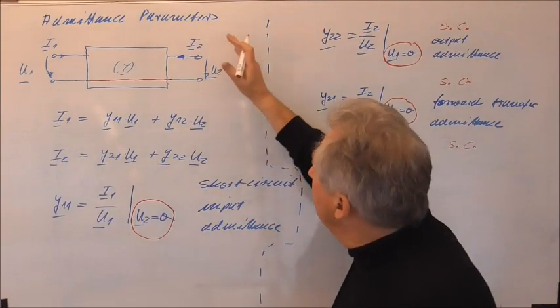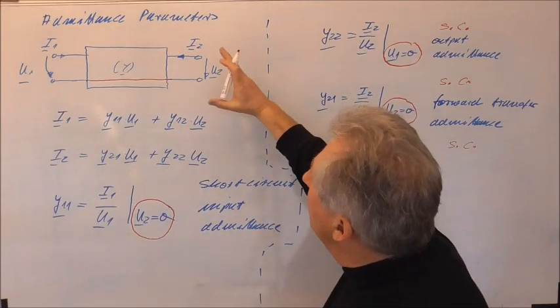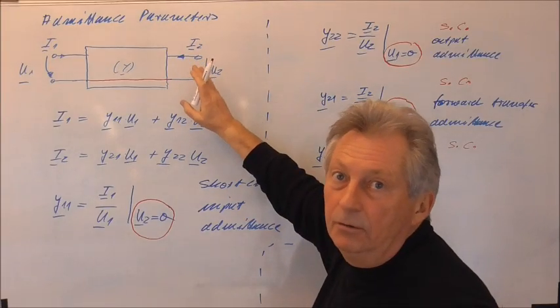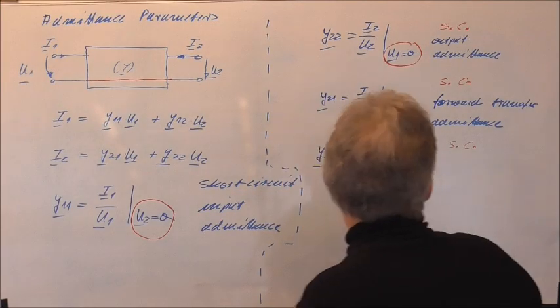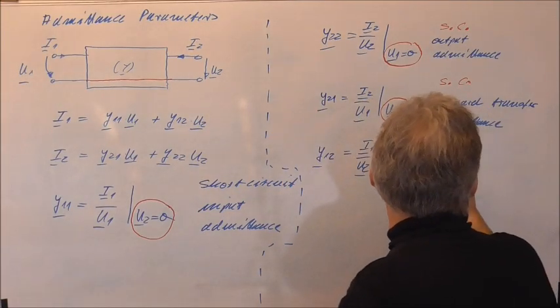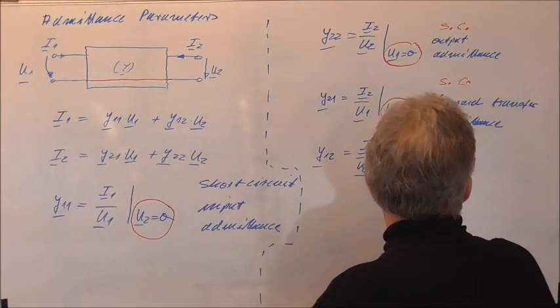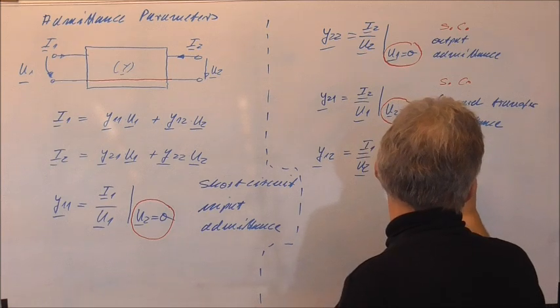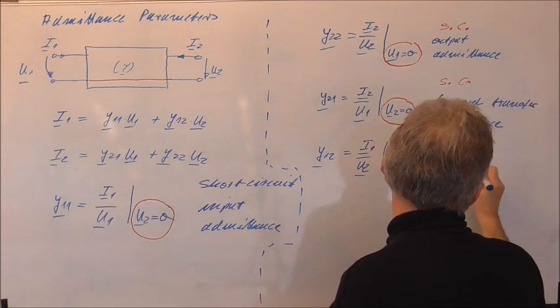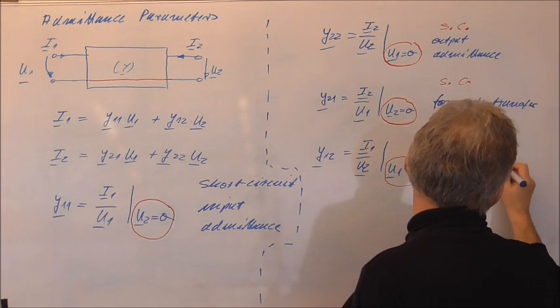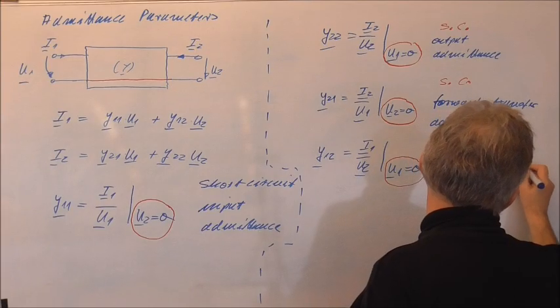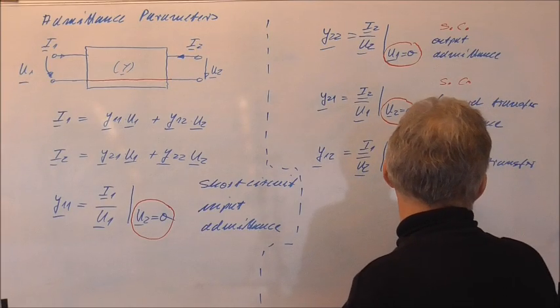And now this parameter describes the influence of the output onto the input. So we call this the reverse transfer admittance.